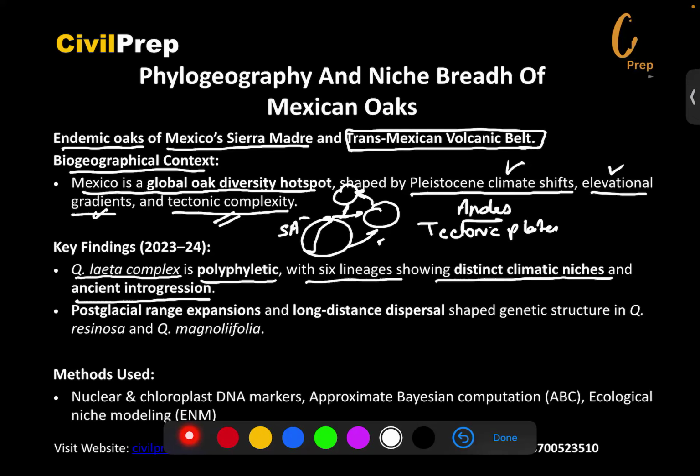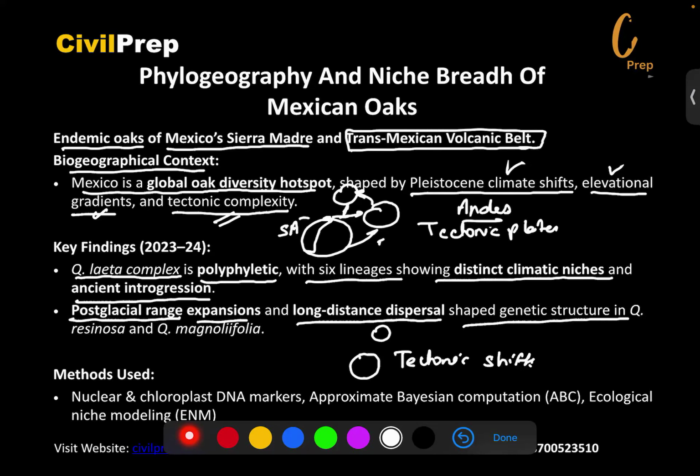Polyphyletic means a species which is showing varied characteristics with respect to varied climatic regions, varied environmental changes, varied biomes. Okay. Now, the post-glacial range expansions and long distance dispersal. Long distance dispersal is majorly taking place because of tectonic shifts.